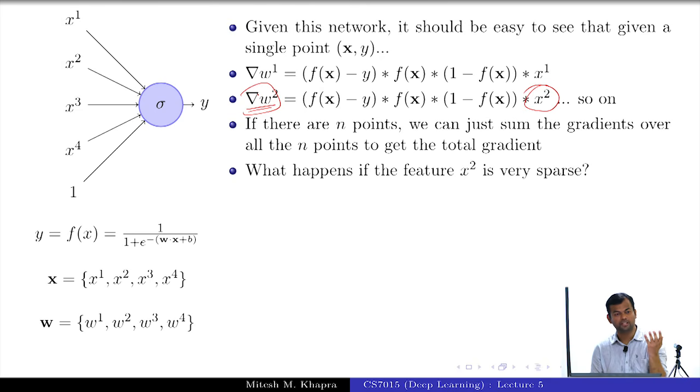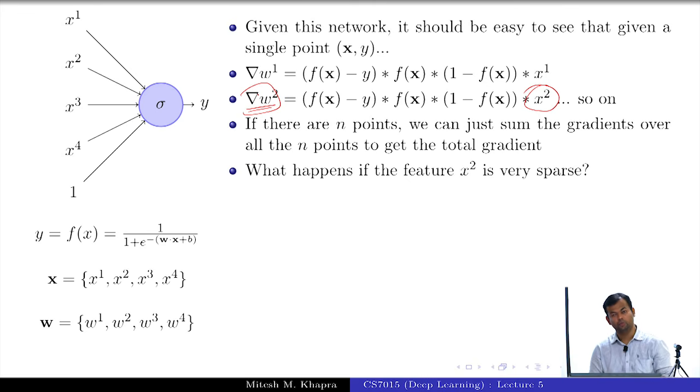Only in the 50 in which X2 was present. Everywhere else the gradient would be zero. So that means your sum of the gradients over all the n points is going to be small or big? Small. For this particular weight, it's going to be small, because you don't have enough samples where you are seeing this.